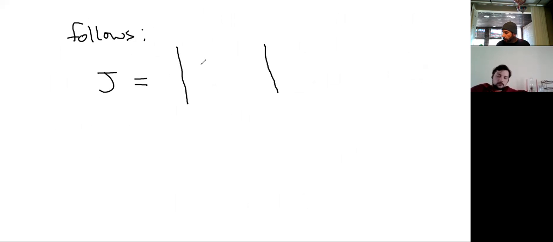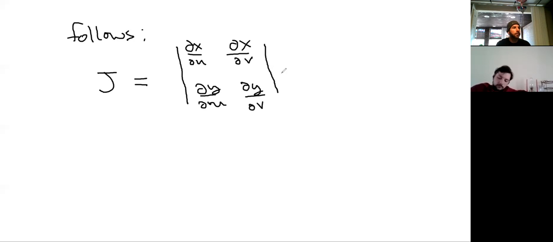Well, we're going to take our partial derivatives. Let's take the partial of x with respect to u, the partial of x with respect to v, and then the partial of y with respect to u. Excuse me, this should be a v up here. Getting ahead of myself. This is the partial with respect to v, and then this is the partial of y with respect to v.